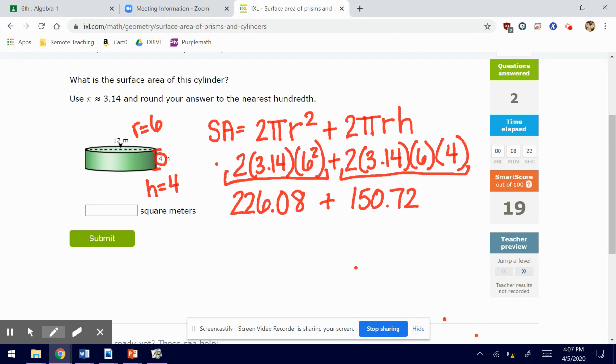Going to add those two together. 226.08 plus 150.72, and that gives me 376.8.